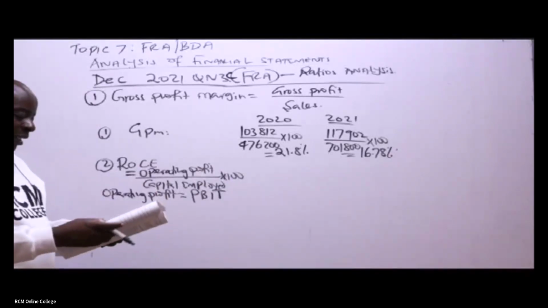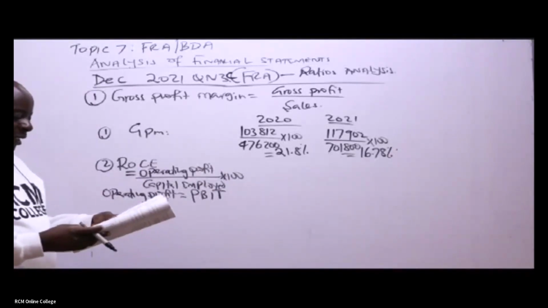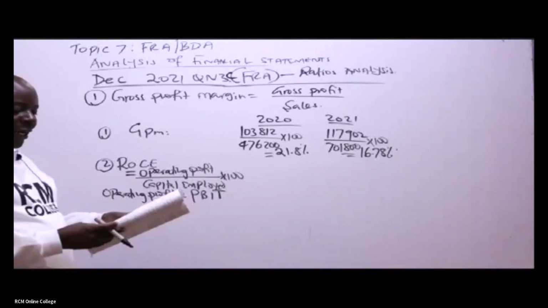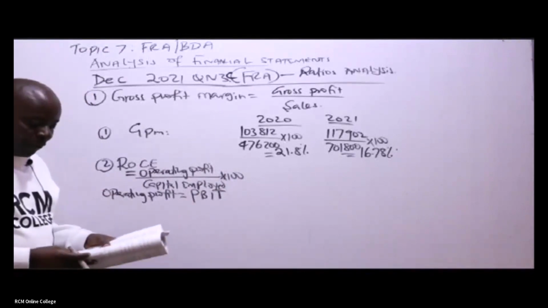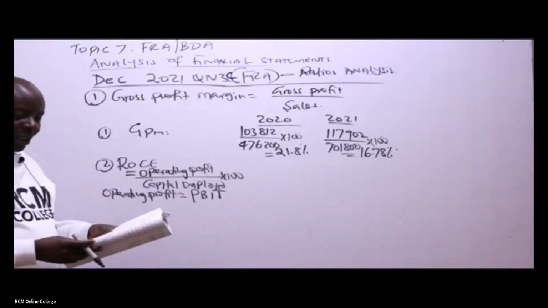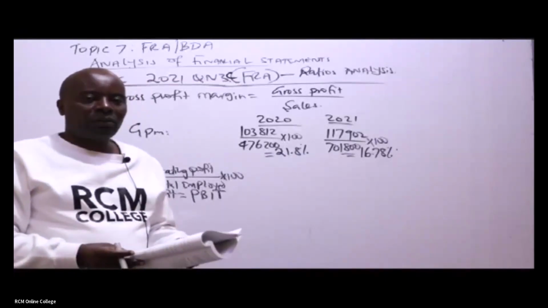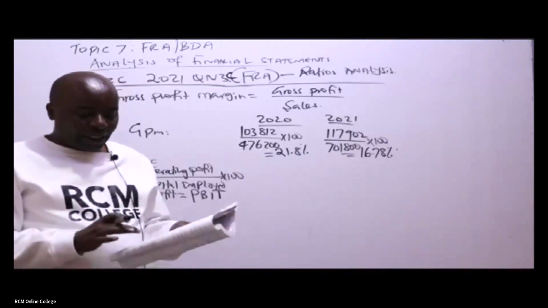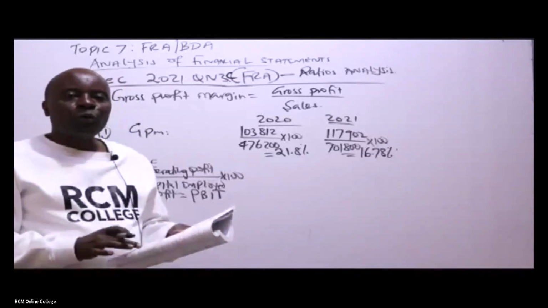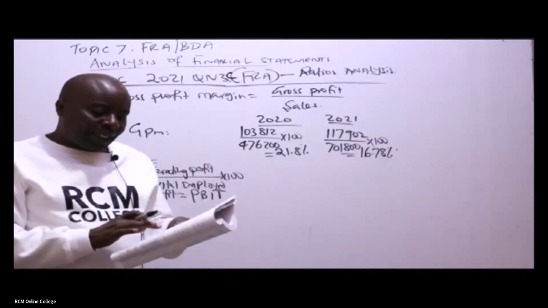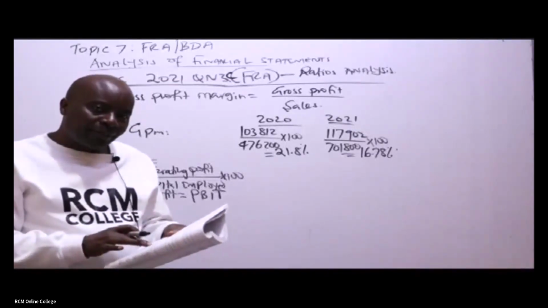In this extracted income statement, I can see they have given me profit before tax of 50,815. What do you think we shall do to make it PBIT? How do we change this figure to be PBIT? Because this figure is profit before tax.